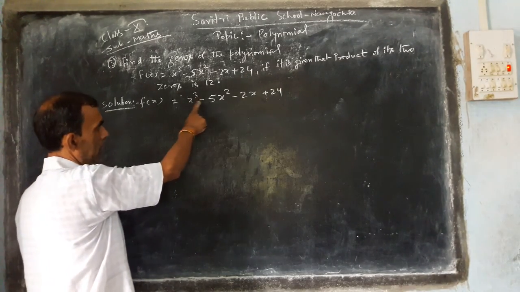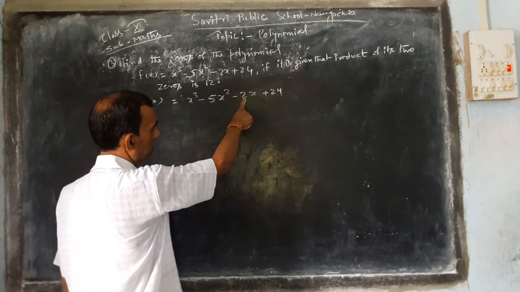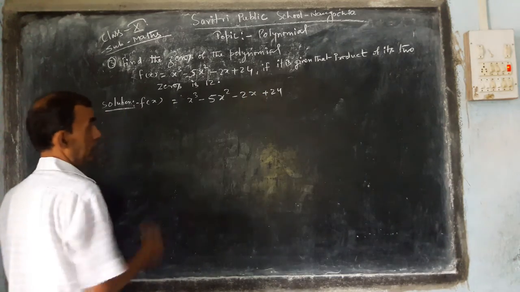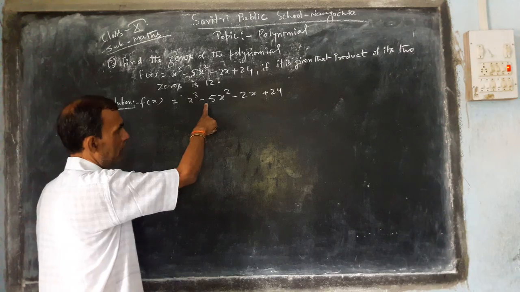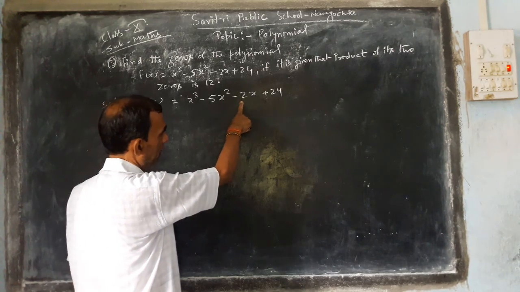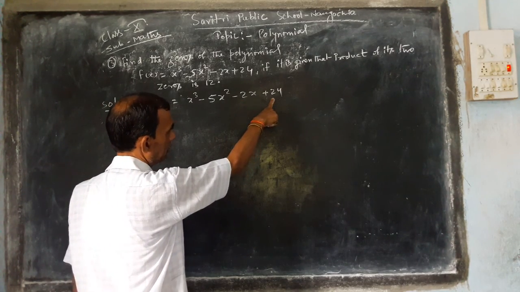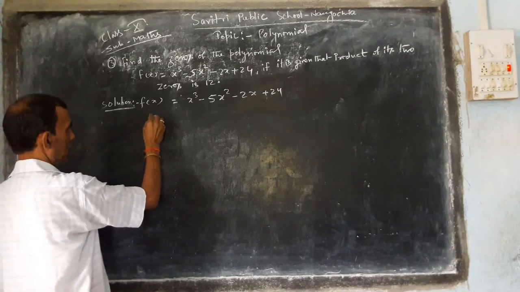f(x) = x³ − 5x² − 2x + 24. Here a = 1, b = −5, c = −2 and d = 24.